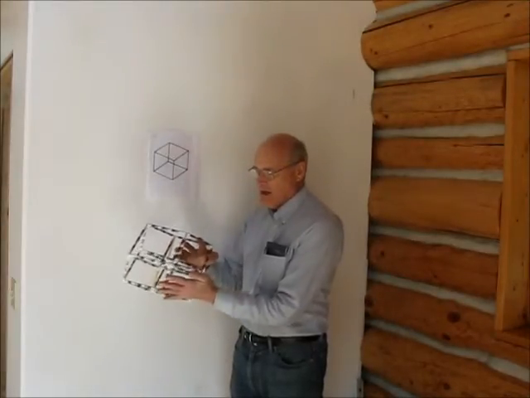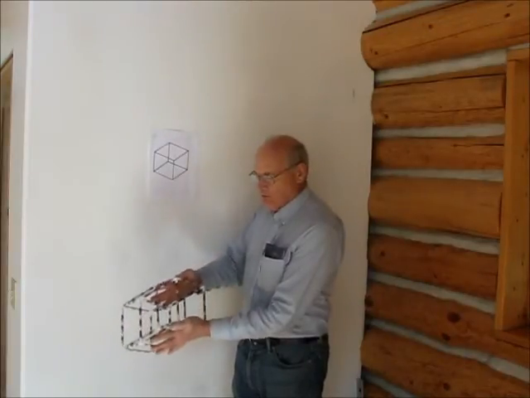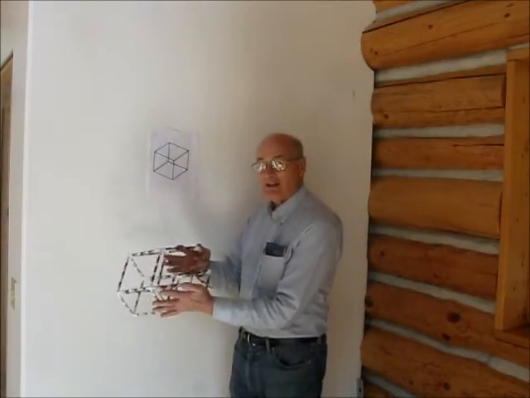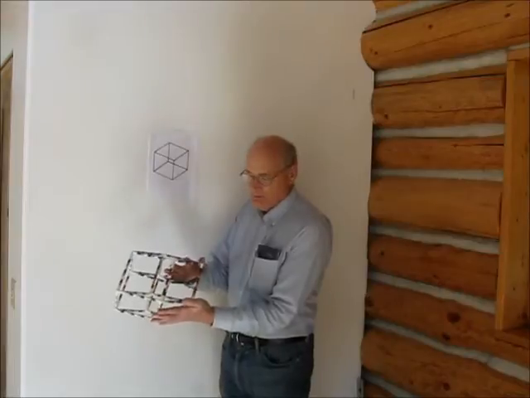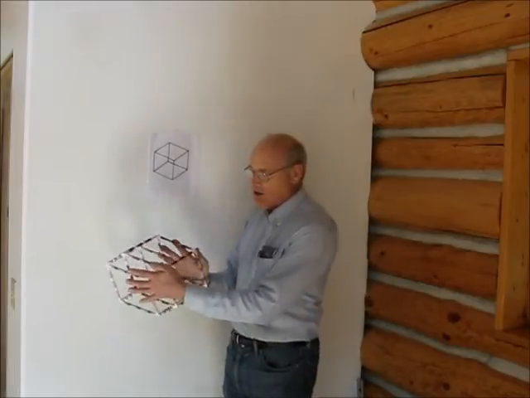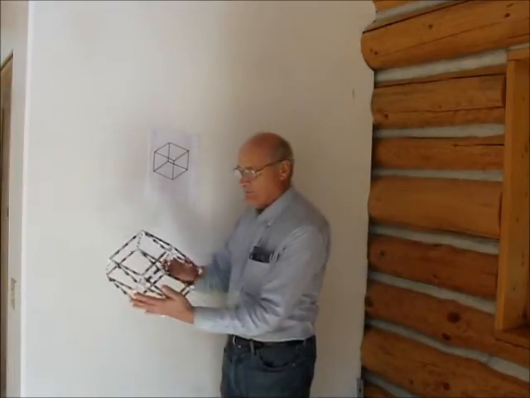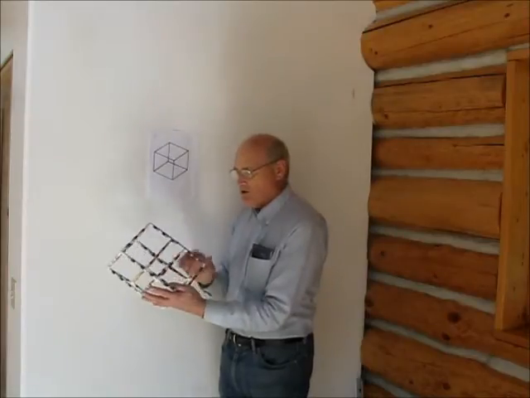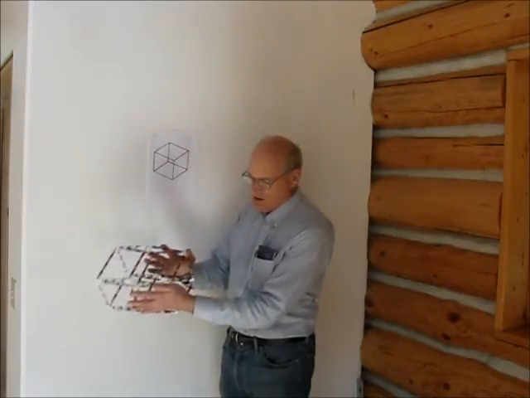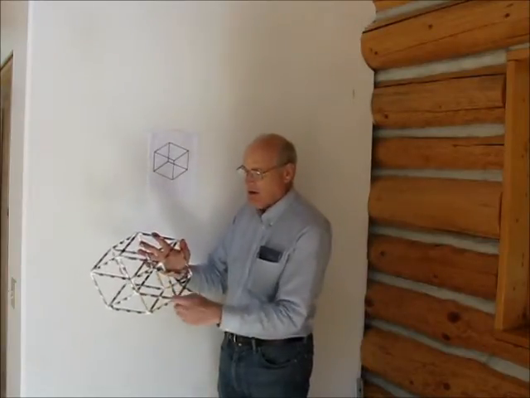Now, to identify a cube, I can put my 2 palms on parallel faces, parallel squares, and you can see the cube that's between my hands. So this is the red cube, because every one of these edges in this cube has red paint on it.